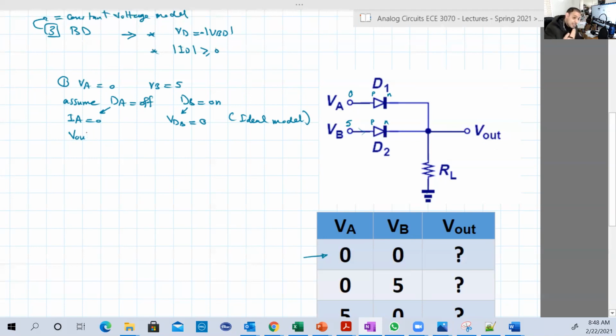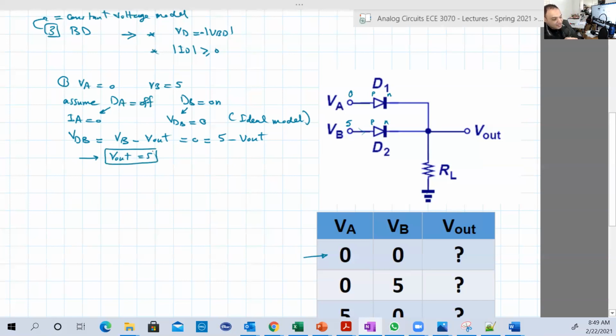VDB is basically VB minus V out. So VDB equal to VB minus V out. And VDB is 0, and VB is 5, and V out is unknown. So from that, V out will be equal to 5.